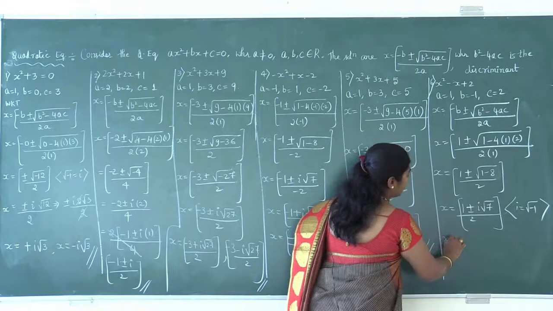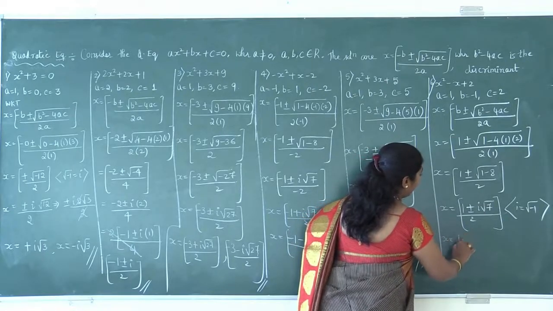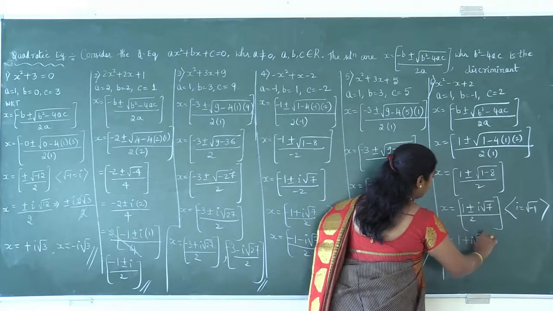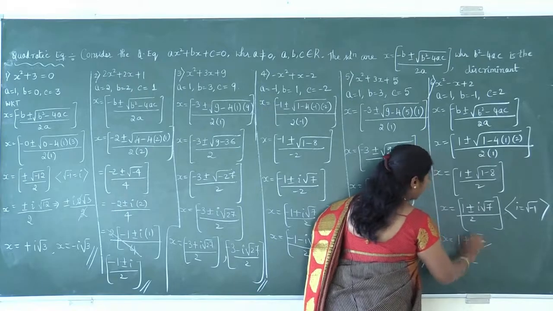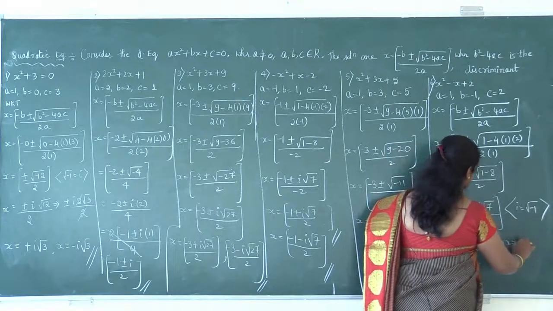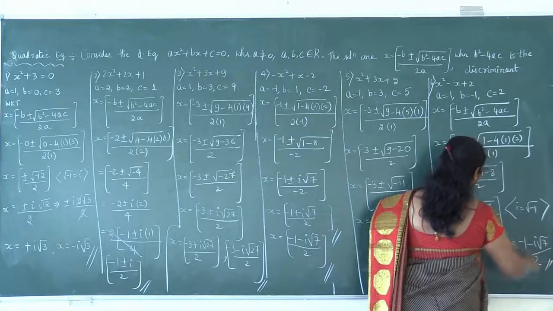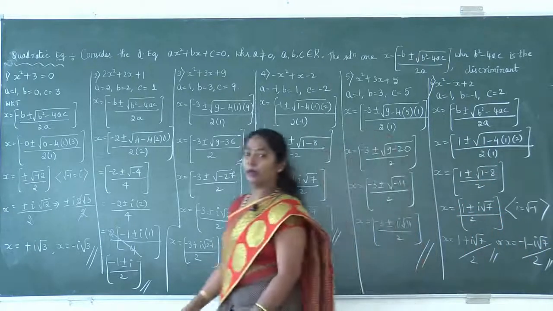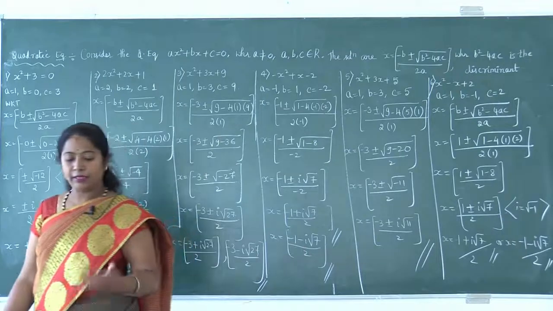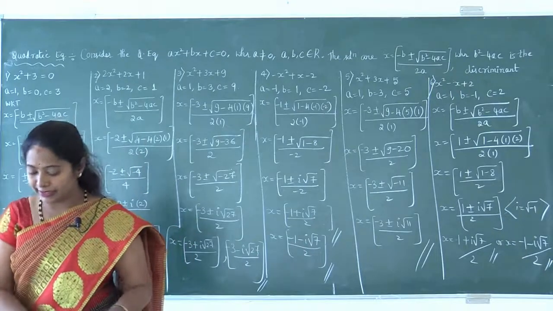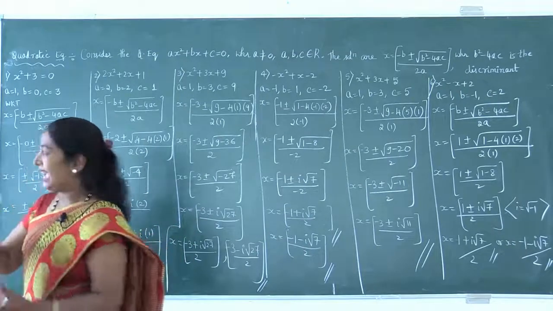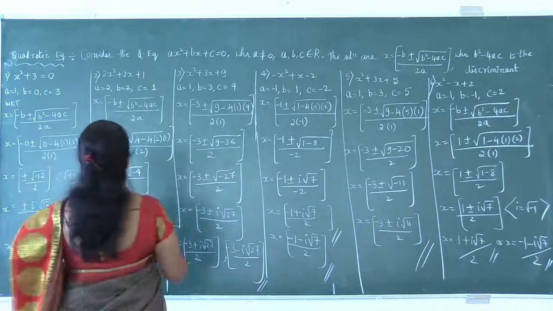So what is the solution? x is equal to 1 plus i root 7 by 2, or x is equal to 1 minus i root 7 by 2. These are the concepts. We shall proceed with a few more problems based on these concepts.